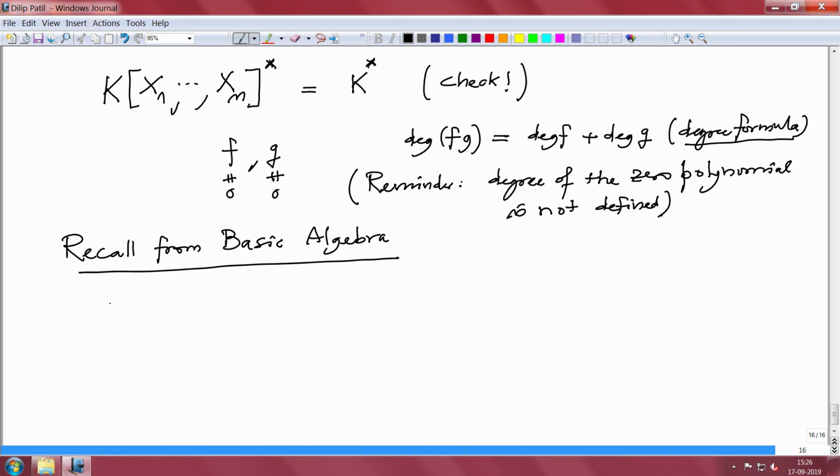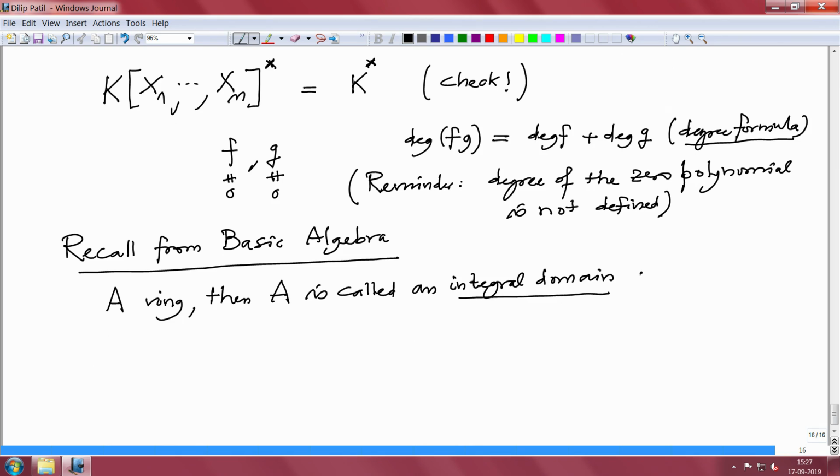When do you call a ring A an integral domain? If there are no non-zero zero divisors.